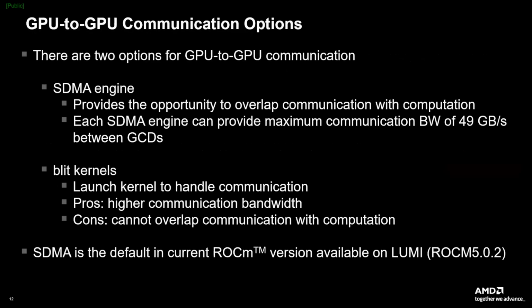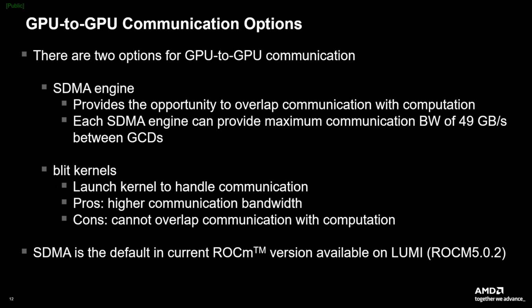So what are the options that we have for GPU to GPU communications? We have two options. One of them is using the SDMA engine, and the other one is using blit kernels. The SDMA engine provides the opportunity to overlap communication with computation.